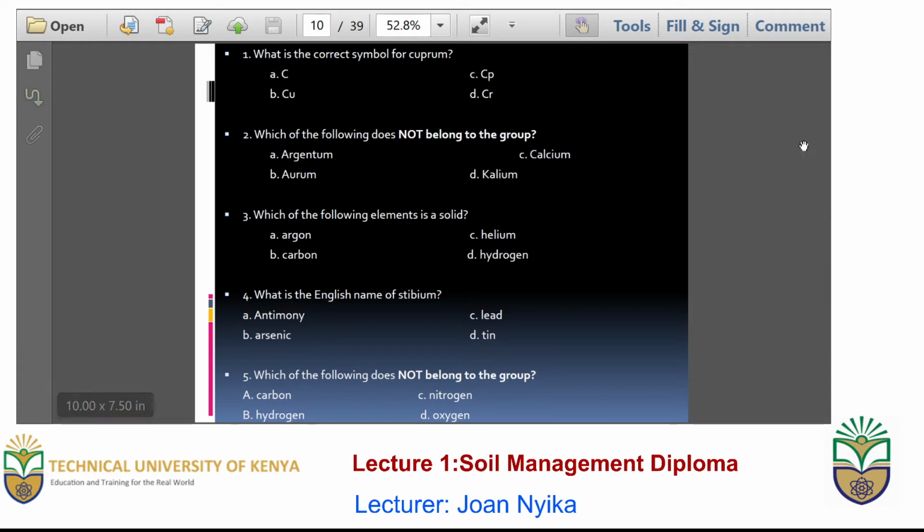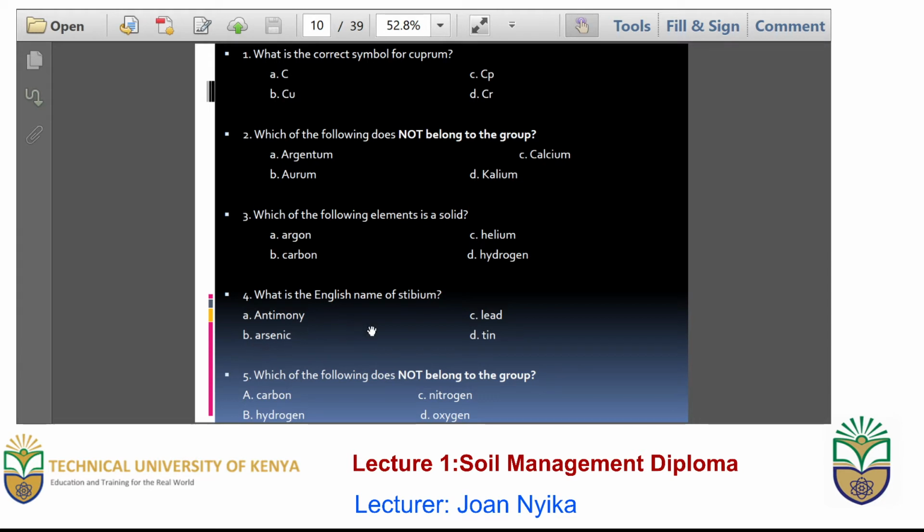You need to understand those basics to answer this question. The next one is: which of the following elements is a solid? Remember what we said, the periodic table has 114 elements, and out of these 114, only 11 are gases, and we named them. Look for what we did not name here. It does not belong to this group.